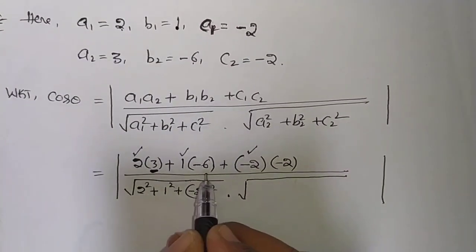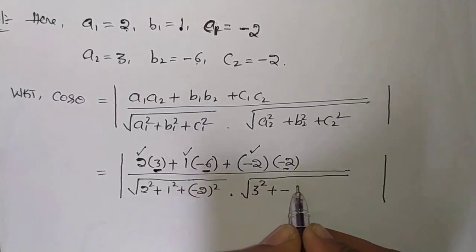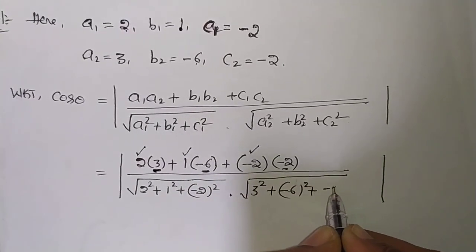For a2 square plus b2 square plus c2 square: 3 square plus minus 6 whole square plus minus 2 whole square.